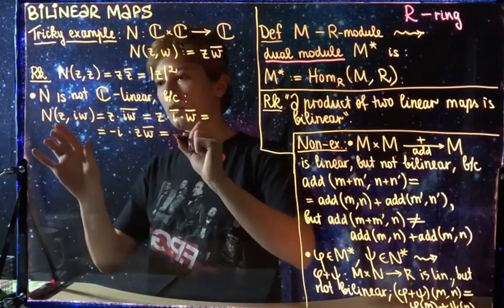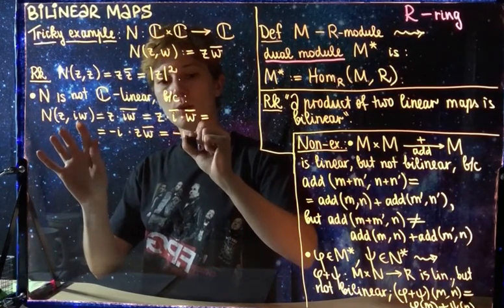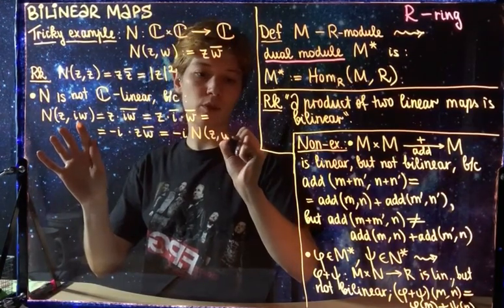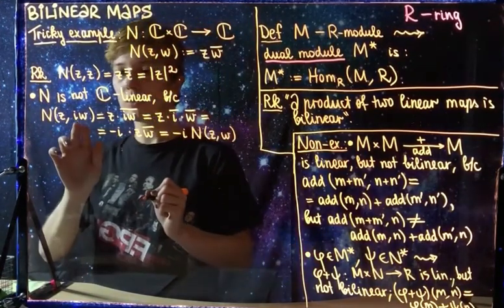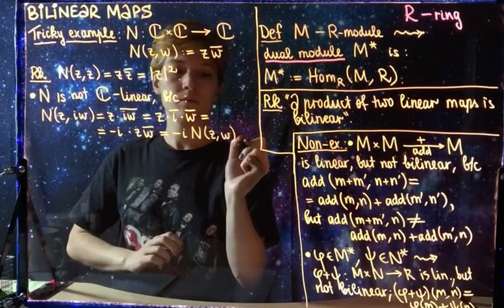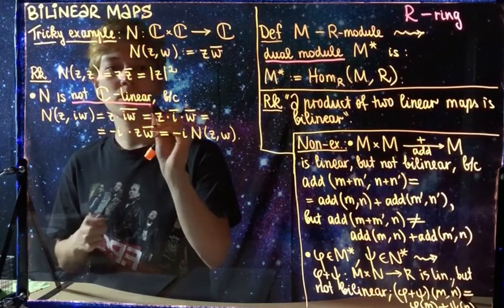So we get that N applied to Z comma iW is equal to minus i N applied to Z comma W. So we couldn't pull i out without changing its sign. And so N is not C-linear.